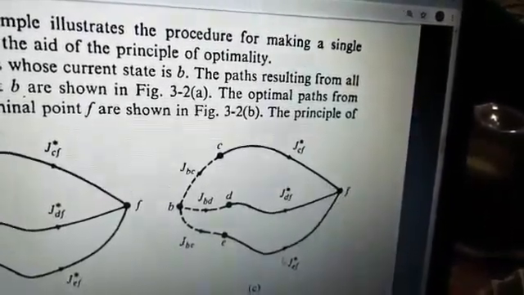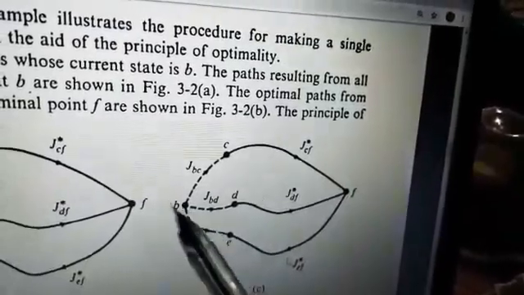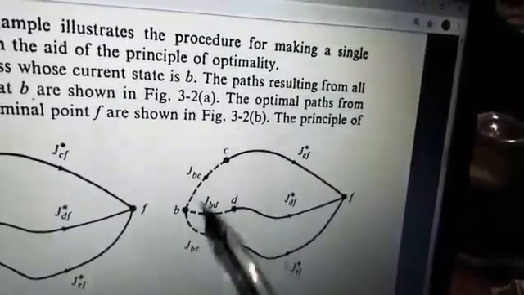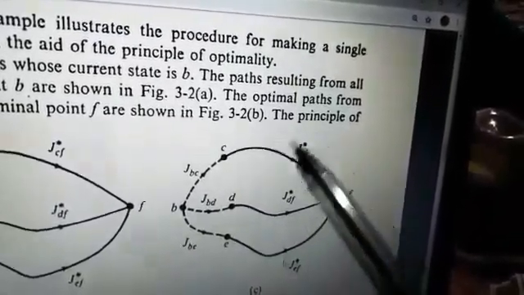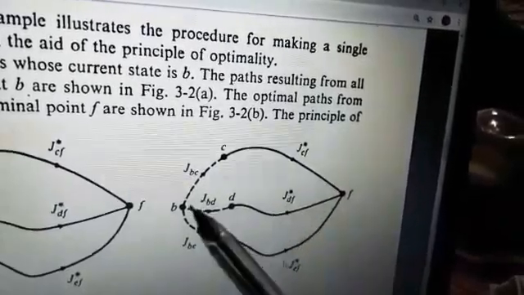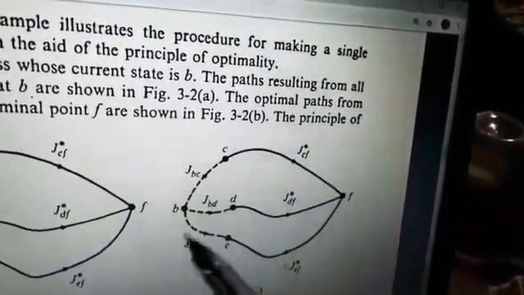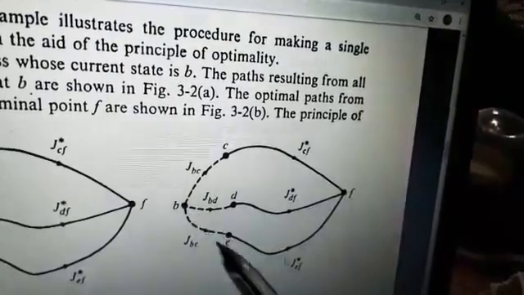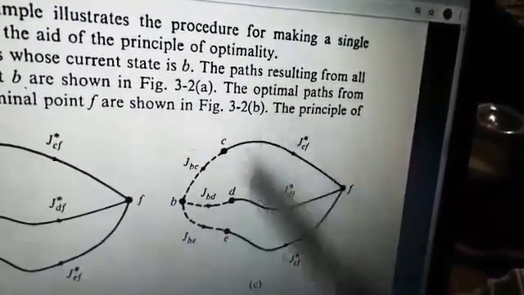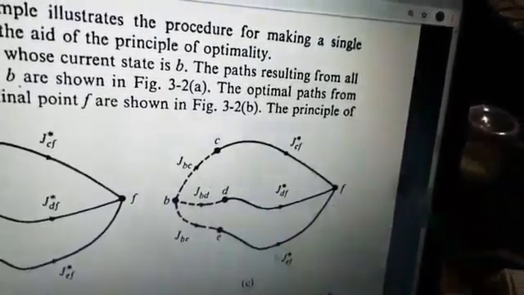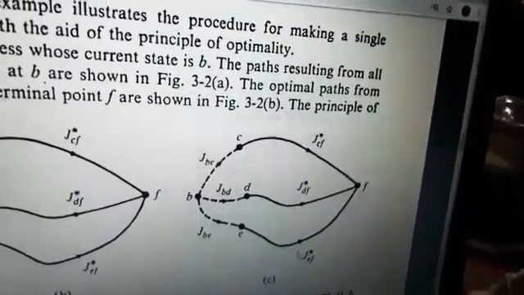These are the costs at the state B. These are the initial segments, and these are the terminal segments. It may go from this to here, then through this path or through this path. We are considering three costs from the three optimal paths.